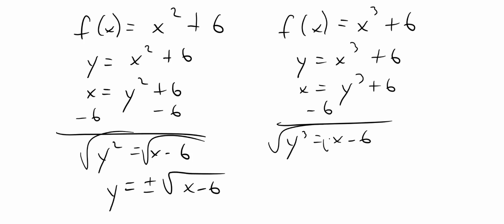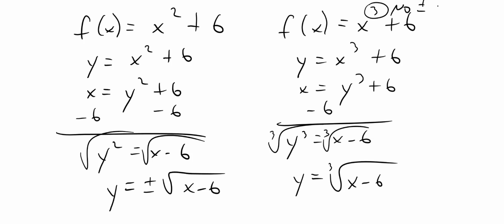And then I take the cube root. So y is equal to the cube root of, and here's the deal, math fans, there's no plus or minus. If it's an odd power, there's no plus or minus. If it's an even power like this, you got plus or minus. That's important. So write that down someplace. Okay, so there's no plus or minus, just the cube root of x minus 6, and that's it.